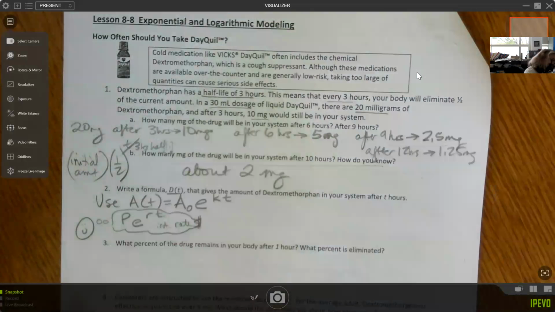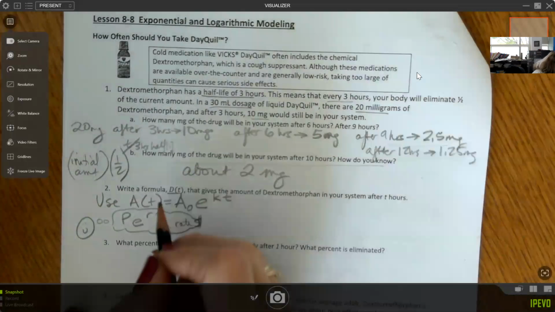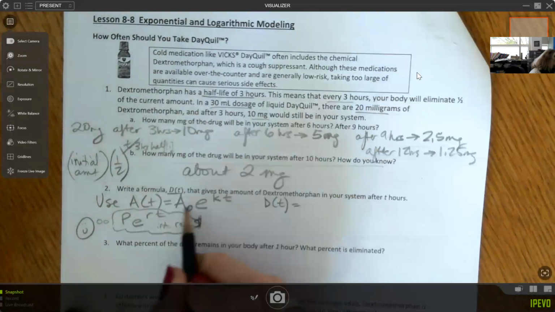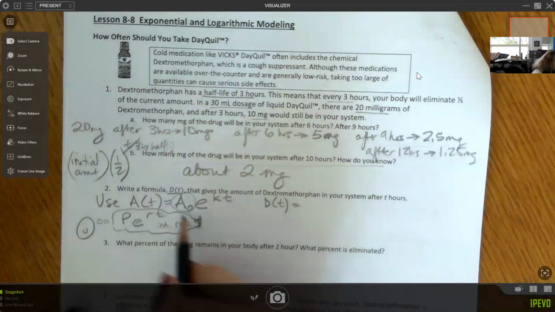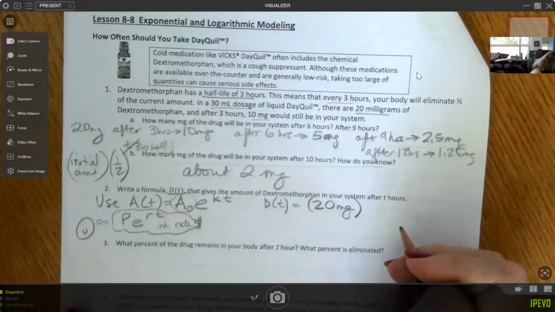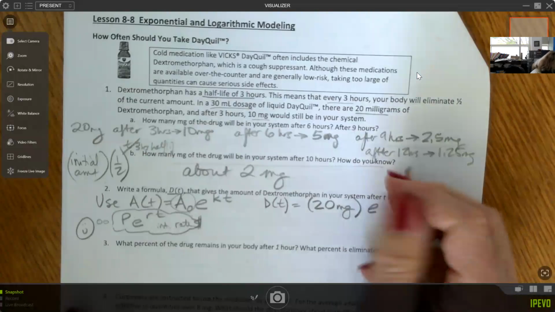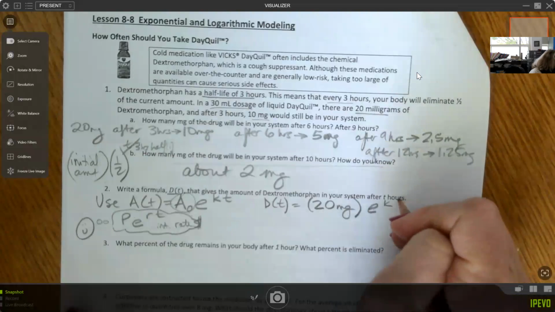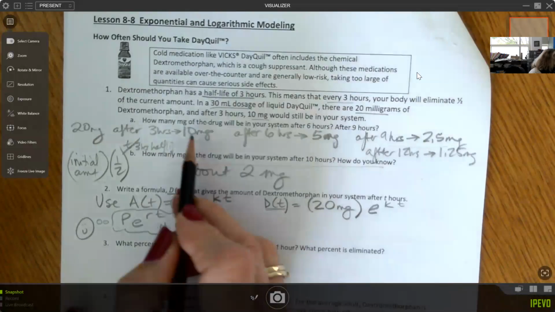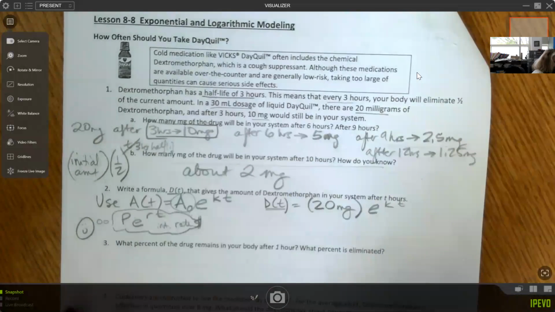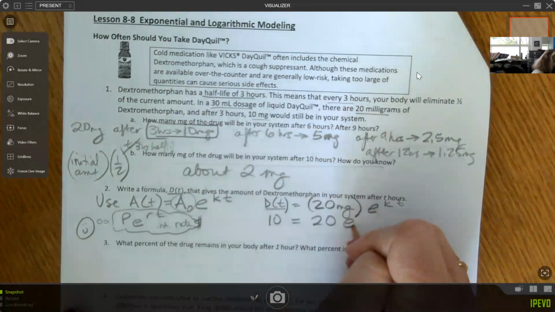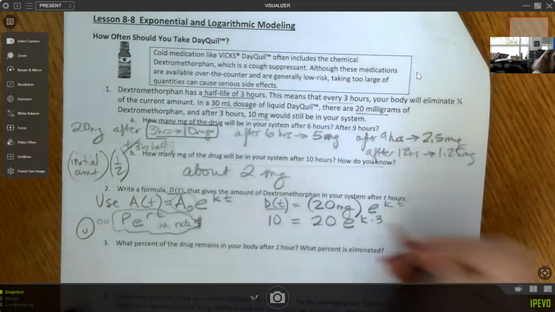Okay, so we're going to write this d of t equals, and this is my initial amount. So I've got 20 milligrams and e to the kt. So what I know is that I had 10 milligrams left after 3 hours, right? So 10 equals 20 times e to the k times 3, right?